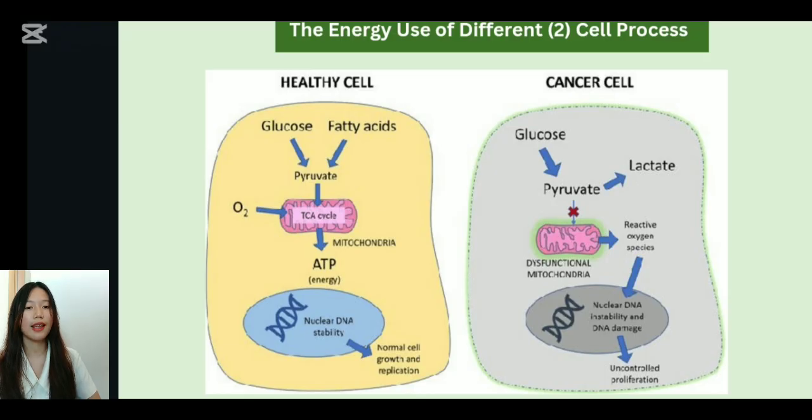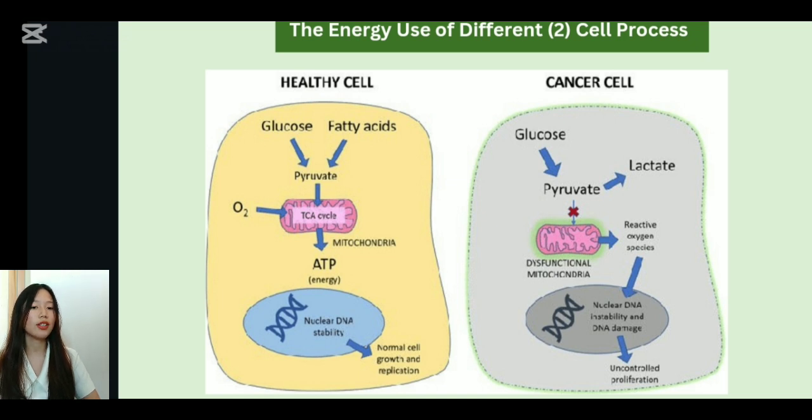This process takes place in the mitochondria and uses oxygen to efficiently convert glucose into ATP, which is the cell's energy currency. With sufficient oxygen, normal cells can produce a high amount of energy to carry out their functions, such as growth, repair, and division. Some cells also undergo apoptosis or programmed cell death when they are severely damaged or no longer needed, maintaining a balance and preventing uncontrolled growth.